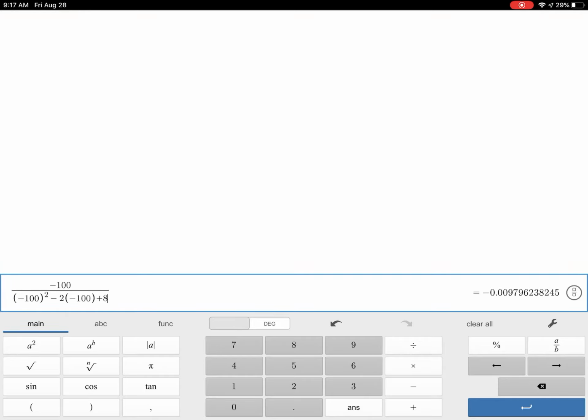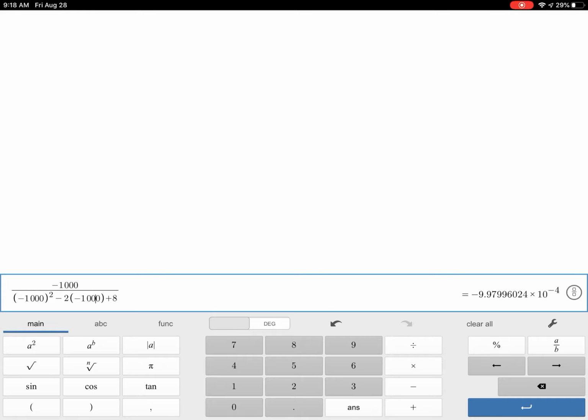Don't push enter. If you don't push enter, it actually makes it really easy. What we're going to do is first just jot down what the answer is. For f of negative 100, we got negative 0.00979. Just jot that down. Now we want to do it with negative 1,000. Since I didn't push enter, I can still edit this. I'm just going to add a 0 to all of these.